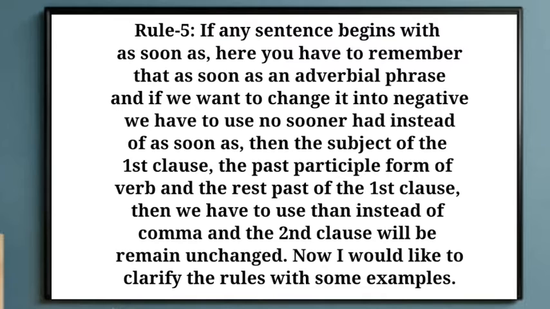Then the subject of the first clause, then V3 of the verb, then the rest part of the first clause. Then we have to use than, a conjunction, instead of the comma, and the last or second clause of the sentence.